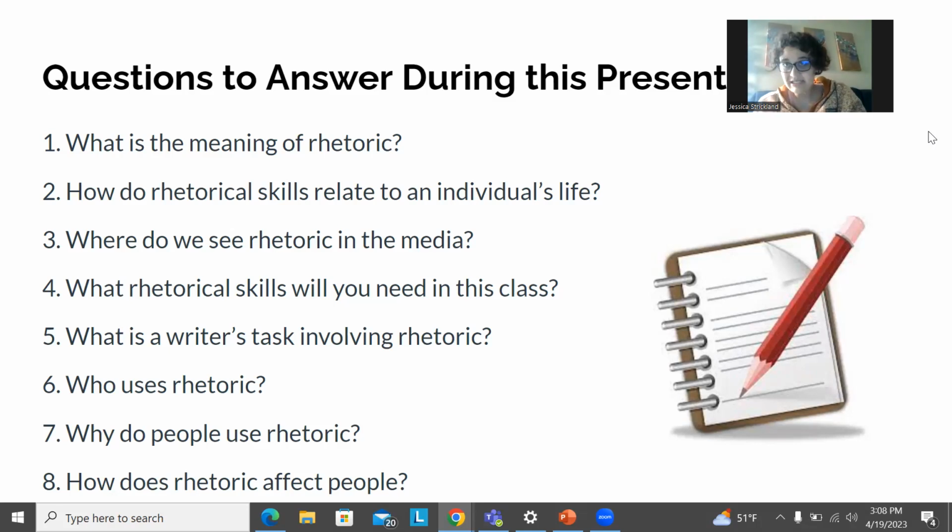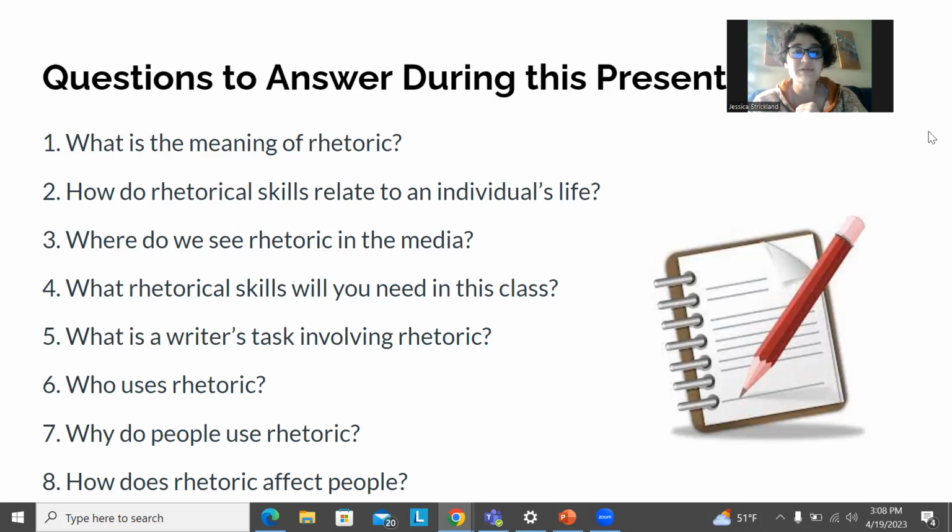Where do we see rhetoric in the media? I seem to remember in class people said we see rhetoric in music, in television shows, in movies, in news programs. Very much used to influence people. Advertisements.